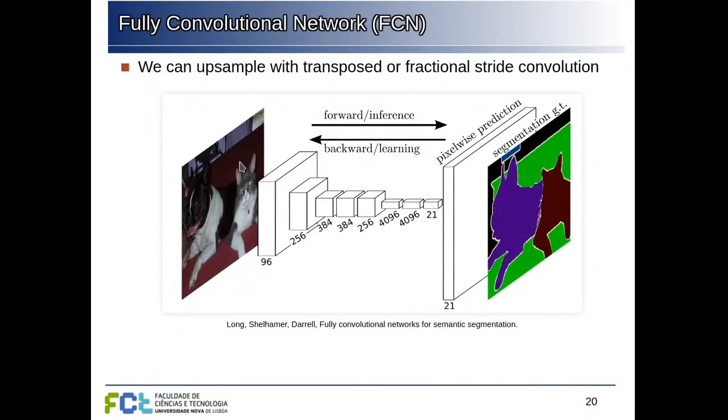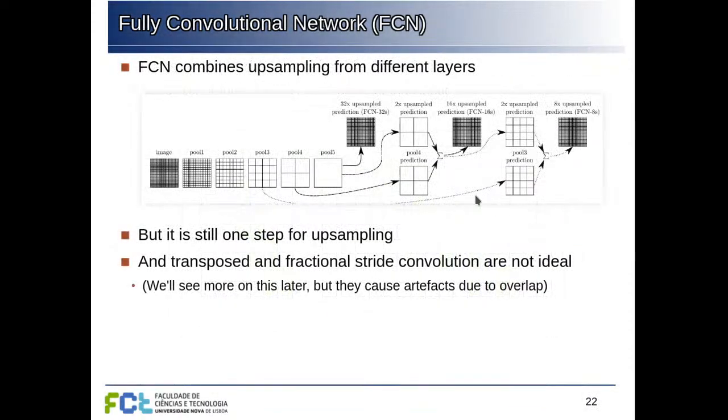But this was the approach used in this paper, and the idea here is to use the convolutional part of the original classifying network, convert the dense layers into convolutional layers, and then do one single step of upsampling with these learned convolutions to obtain the map with the classification for all the pixels. And this was done combining information from different layers.